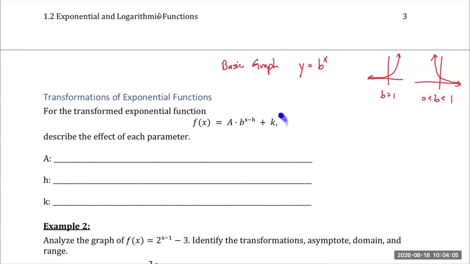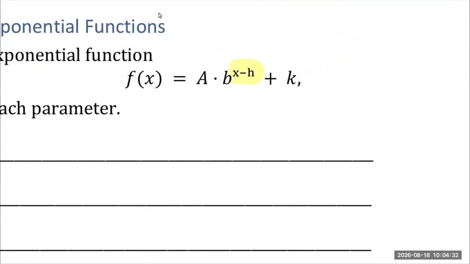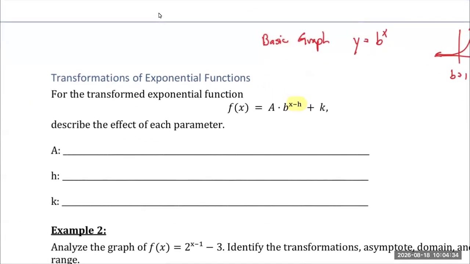Okay. So when we look at transformations, we're not just looking at the basic graph, but we're manipulating it in some way. The first thing I want to point out is that horizontal actions affect the x value. You can see that the y value is b to the x. If I manipulate the exponent in any way, that's going to correspond to a horizontal action. When I look at just this exponent right there, that's going to correspond to a horizontal shift.